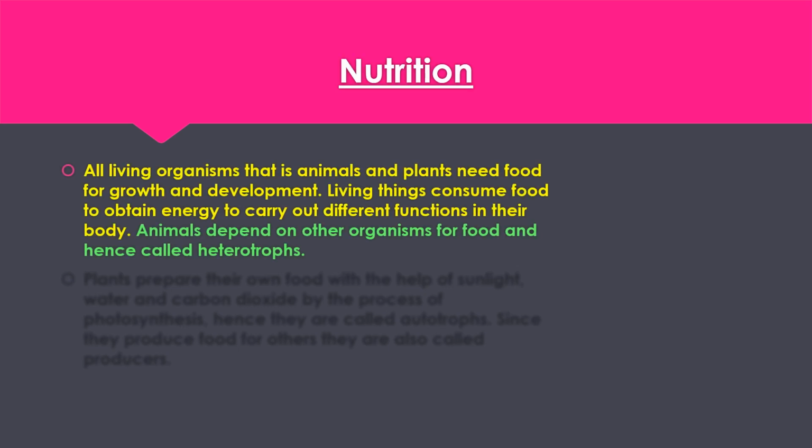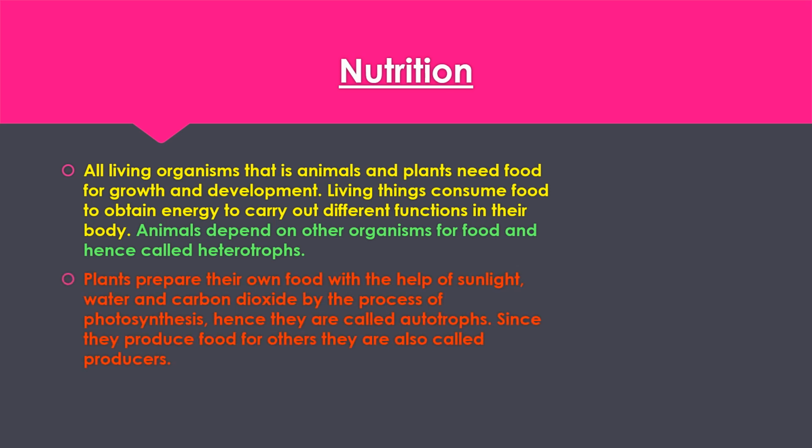Nutrition. All living organisms, that is animals and plants, need food for growth and development. Living things consume food to obtain energy to carry out different functions in their body. Animals depend on other organisms for food and hence they are called heterotrophs, whereas plants prepare their own food with the help of sunlight, water and carbon dioxide by the process of photosynthesis.